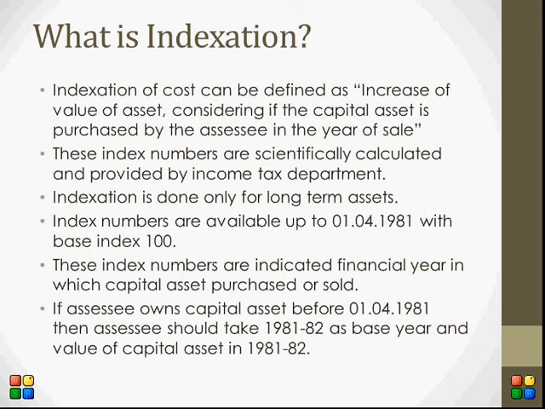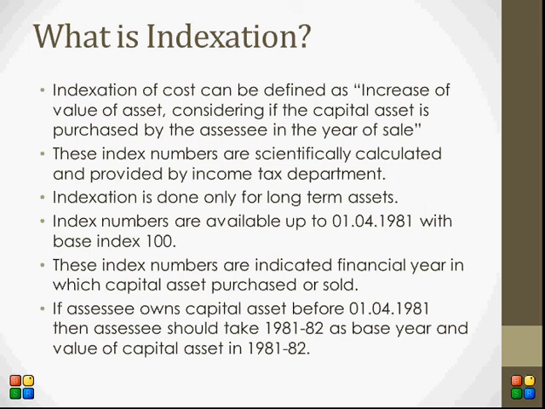So he should take the base year as 1981 and assume, or make some scientific calculation of, what if that asset was purchased in 1981-82. If he purchased it for 5,000 in 1960 and the value of that asset in 1981-82 is 20,000 rupees, then we need to take 20,000 as the base value or cost of acquisition for that asset.